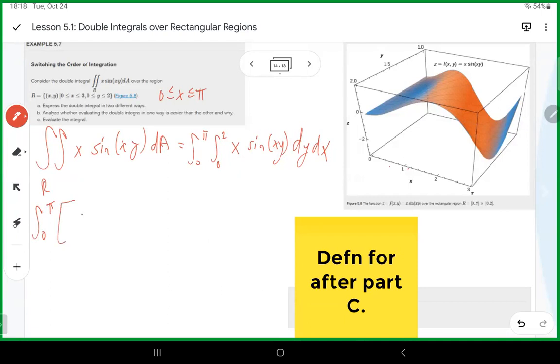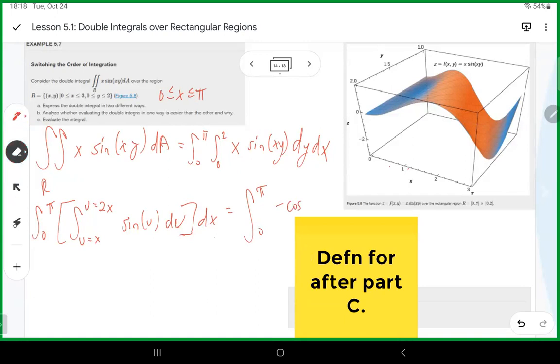And then we're gonna go u equals x, u equals 2x, sine u du, not a y. Very horrible square bracket, dx. And then that's 0 to pi, negative cosine u from x to 2x dx.